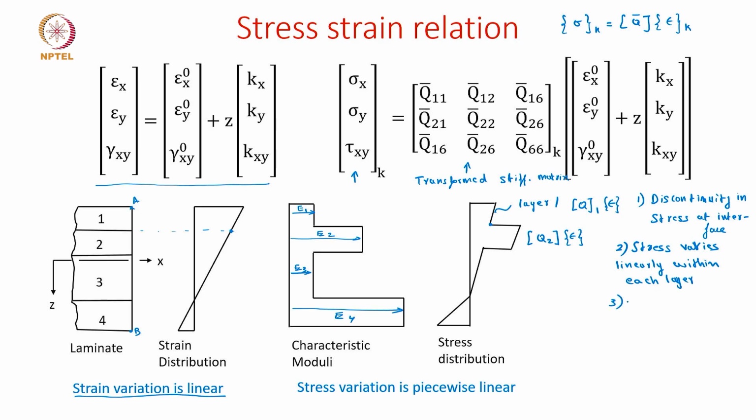But we need to underline that within each layer, because that doesn't mean that stress is varying linearly across the layers, because once we move from layer 1 to the adjacent layer there is a jump in the stress which needs to be accounted for. So this is how the stress variation and the strain variation are very different in a laminate.